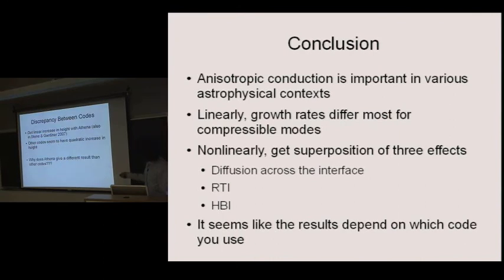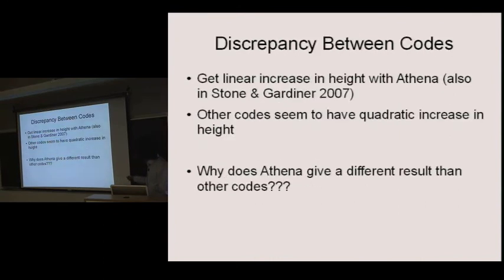I have tried running this problem with the same initial perturbation with a code called Maestro, which is developed by LBL, Lawrence Berkeley Lab, and their code is kind of anelastic, so it looks like it's incompressible.